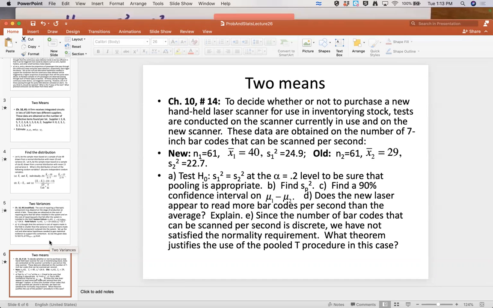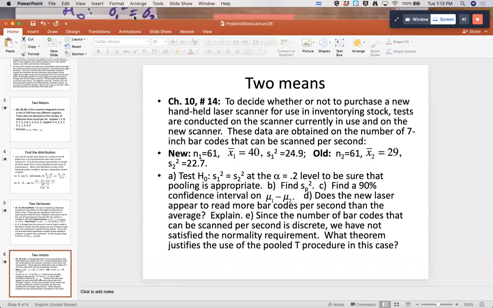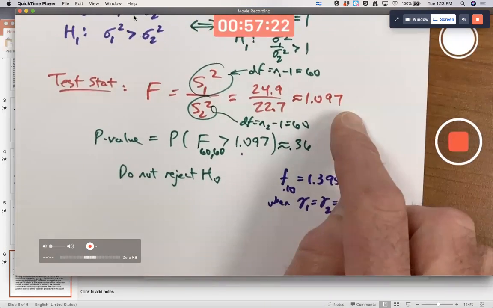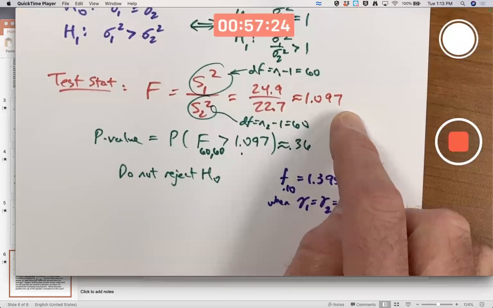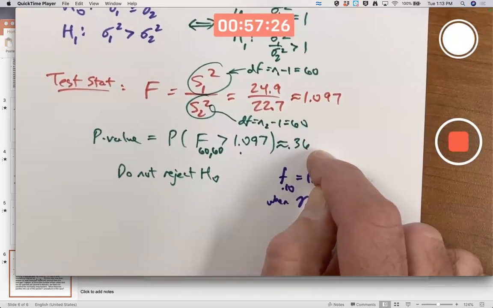It's 0.2 here instead of 0.1. However, because S1 squared and S2 squared are the same as the previous problem, and N1 and N2 are the same, the test statistic in part A would be the exact same thing we got here. The one-tailed p-value would still be 0.36.